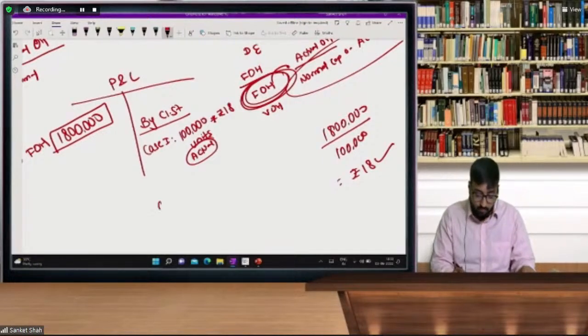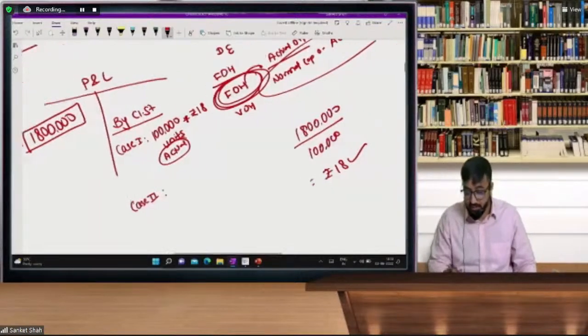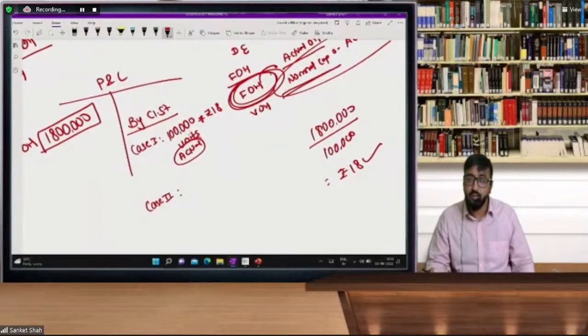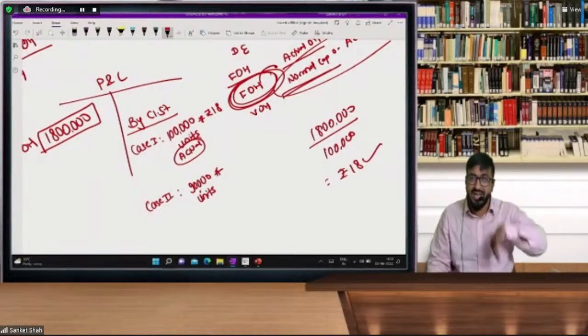Case number 2. My normal capacity is 1 lakh units. That is the standard capacity. But I produce only 90,000 units, so my actual capacity is 90,000. I produce less.